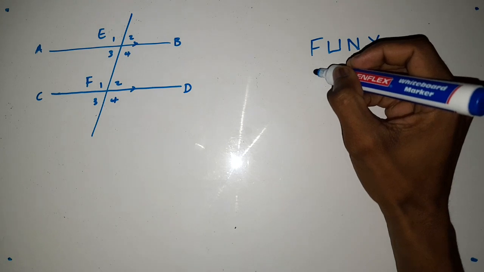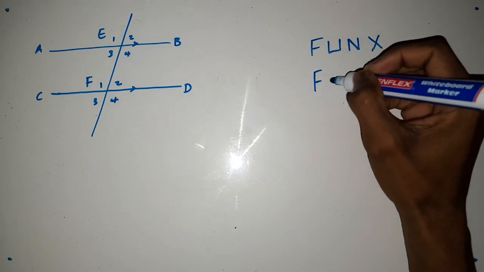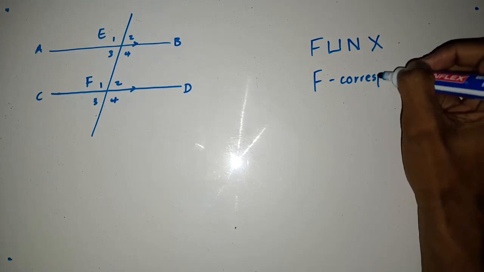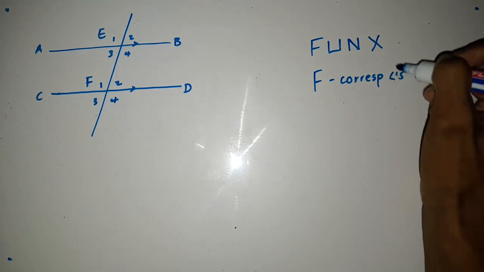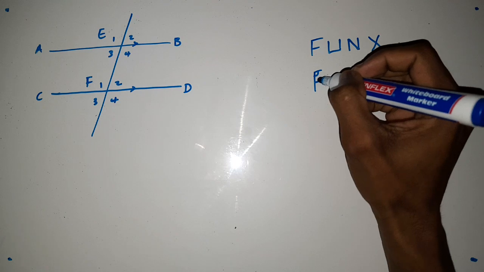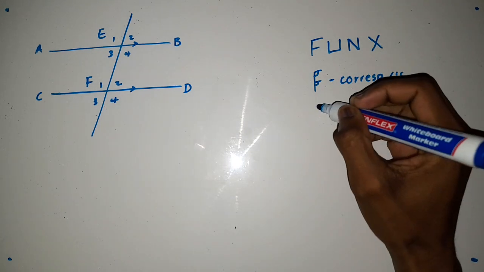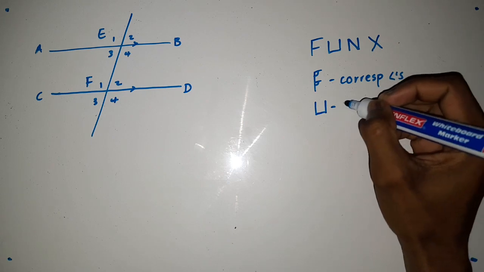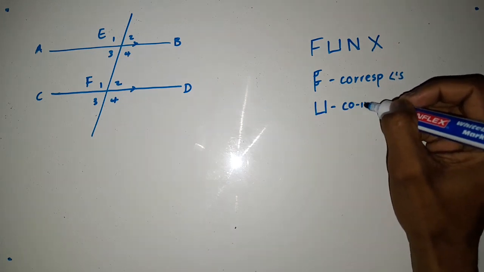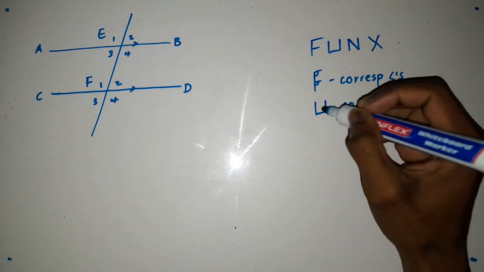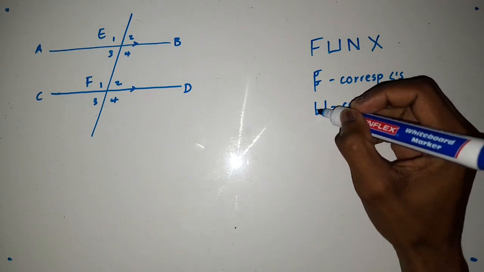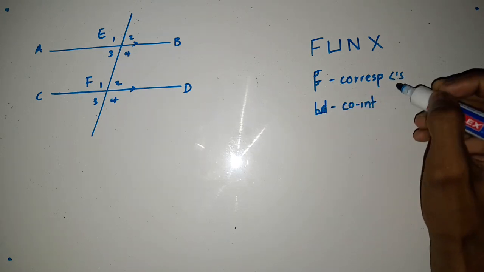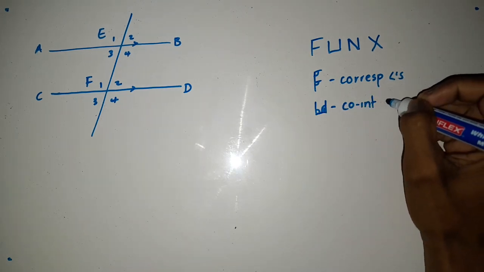Then your F is going to be what? The corresponding angles. Corresponding angles are always equal. Then you get what? The co-interior. Co-interior angles are not equal. Instead, when you add them, you must get 180 degrees.